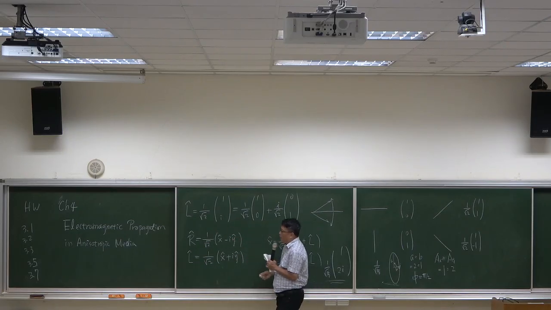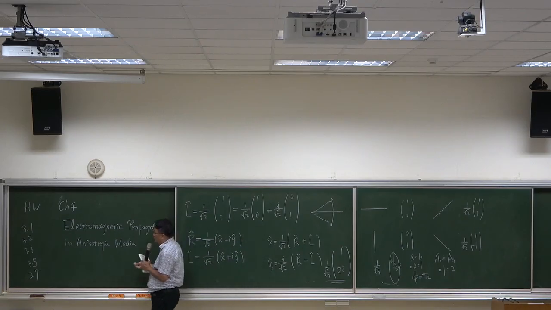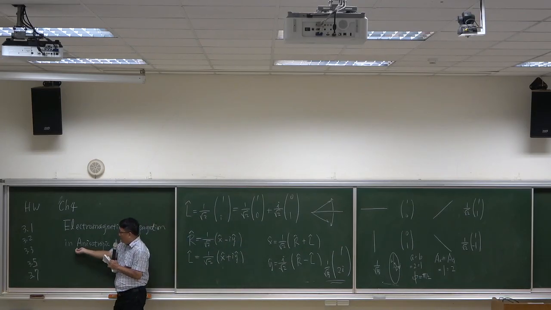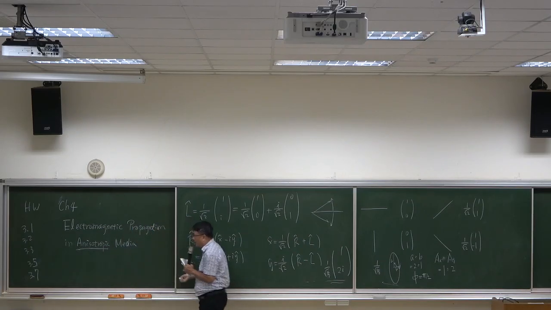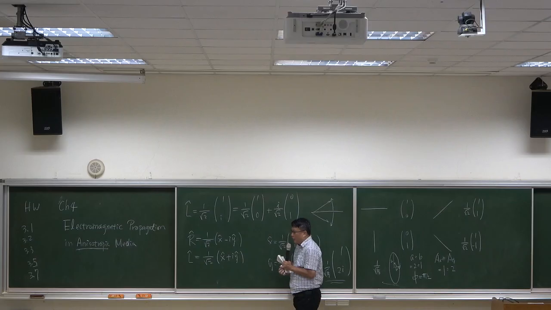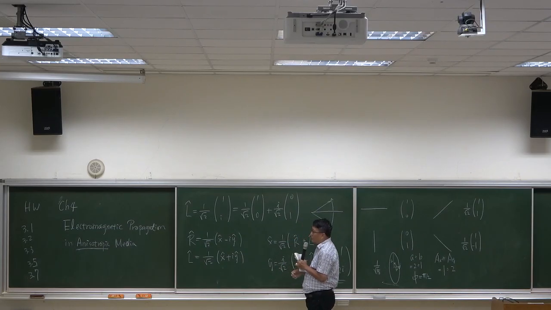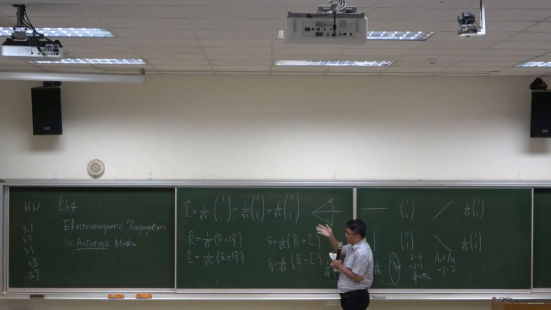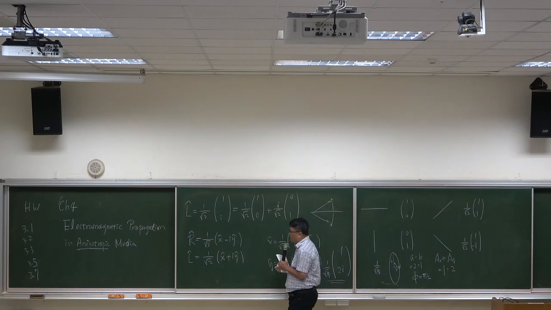Okay. Now we discuss the new situation, anisotropic medium. Anisotropic means there is indeed a difference between different directions if we apply the electric field to the medium.